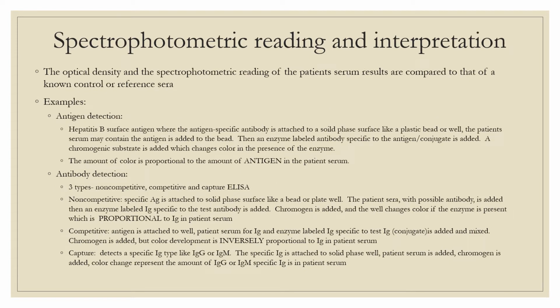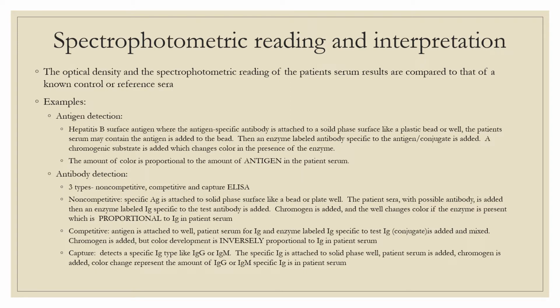We can actually use indirect ELISA to detect lots of diseases, including measles, mumps, HIV, hepatitis B virus, West Nile virus, avian influenza, etc. And there are three different types of ELISA procedures. One is called non-competitive, one is called competitive, and one is called capture.